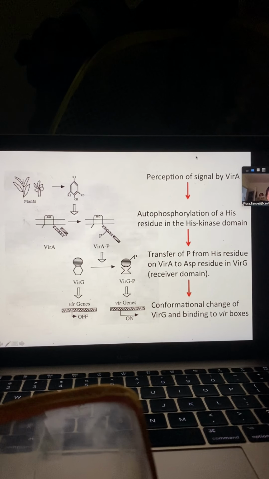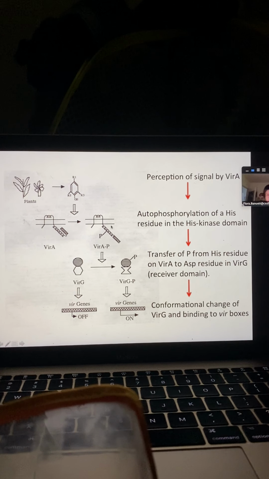So we have here perception of the signal by VirA. Here is acetylsyringone. You have VirA sitting on the membrane. The histidine kinase domain is inactive. Once you have this signal, it causes autophosphorylation of a particular histidine residue.